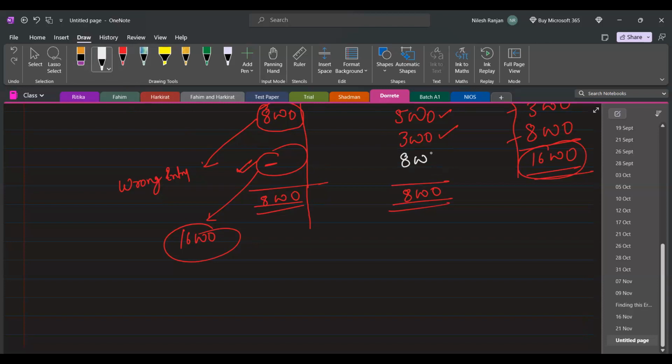If we write 8,000, then the total of credit side will become 16,000, the total of debit side will be written as 16,000, and the balance will be 8,000 only. But we need 16,000.